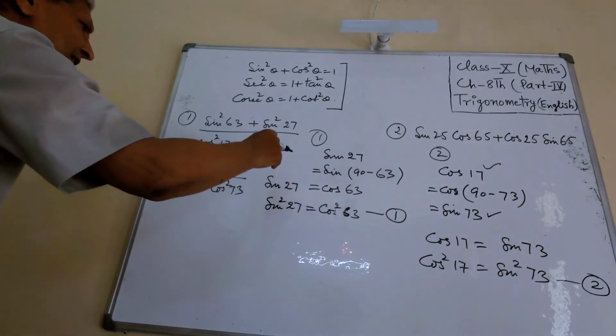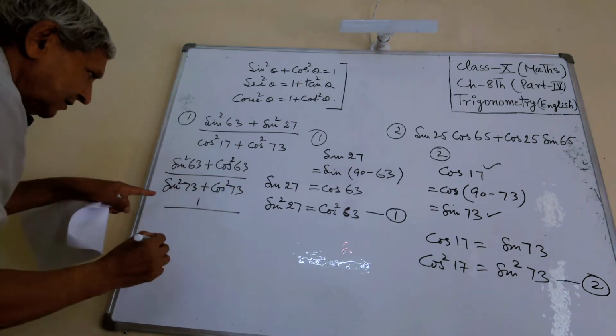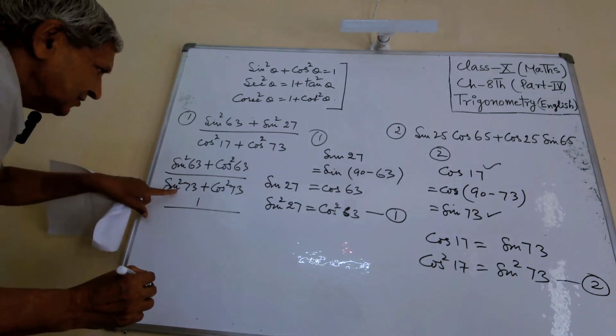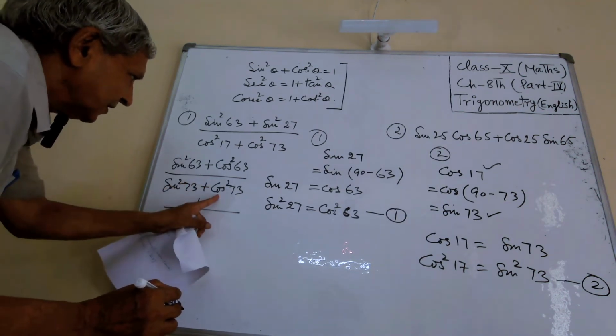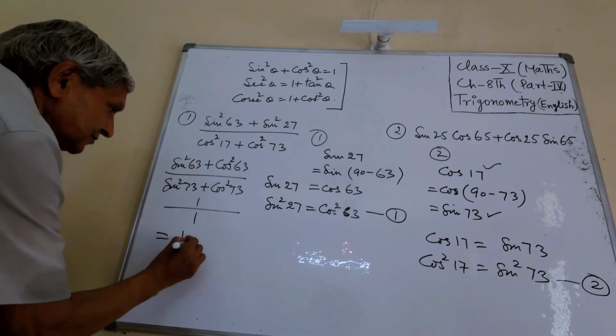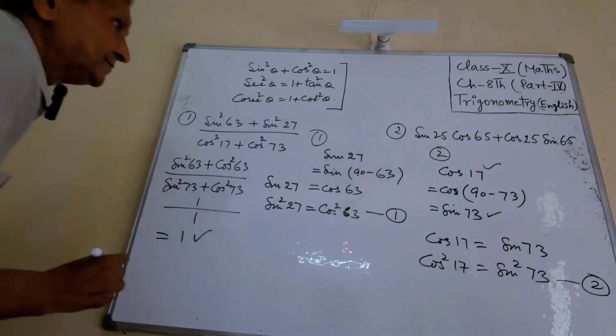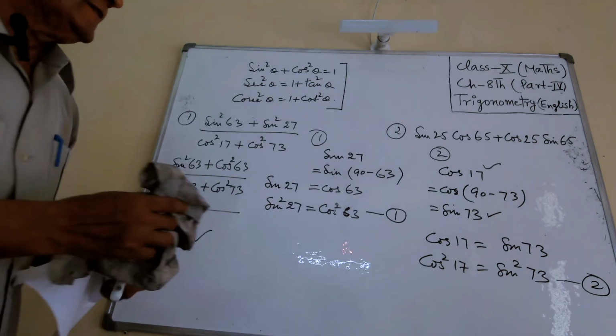Whatever angle, it should be same. Now this is 1. Here in the denominator, sine square 73, cos square 73, and the angle is same. Here is also 1. 1 upon 1 is equal to 1. This is the answer. My dear student, I am taking the second question.